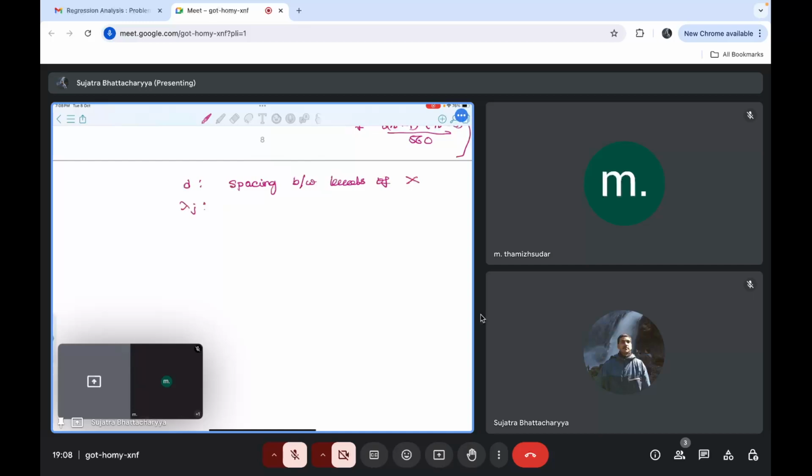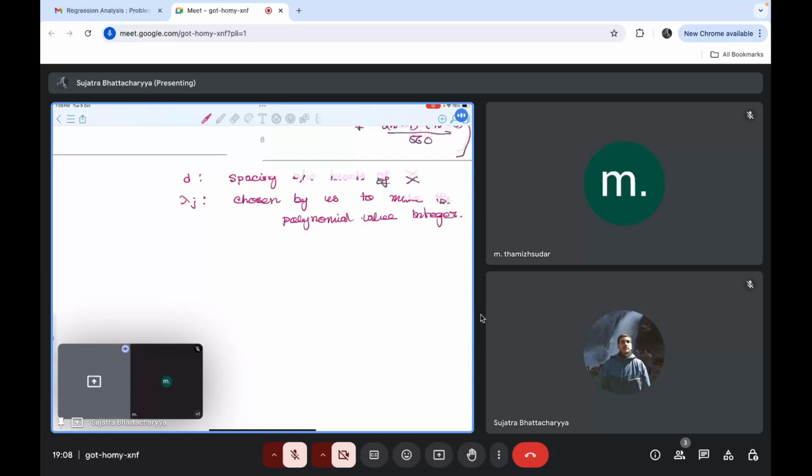Lambda j has to be chosen by us, to make the polynomial value an integer. Not the nearest integer, where you would say let's round up. No, not like that. You multiply lambda in such a way that the polynomial value becomes an integer value. This is how it is done.